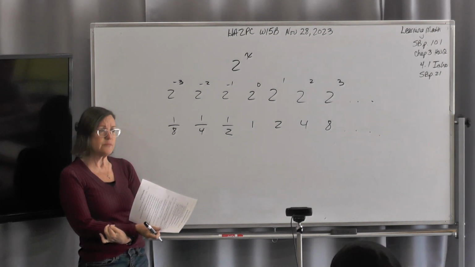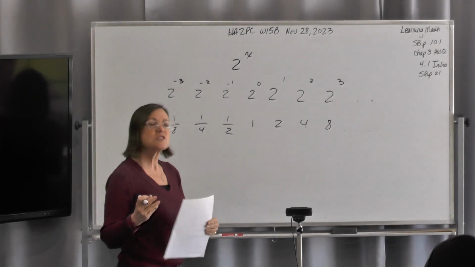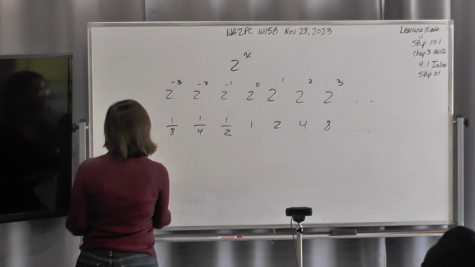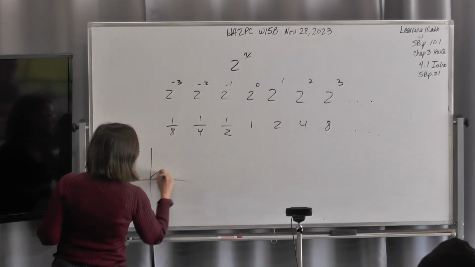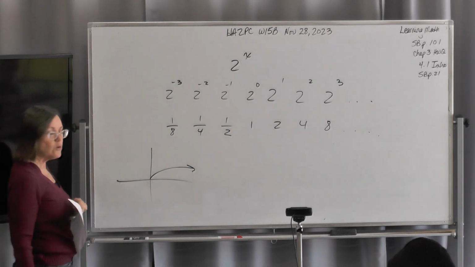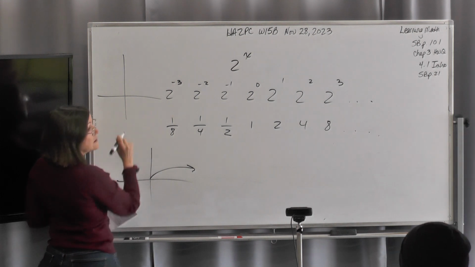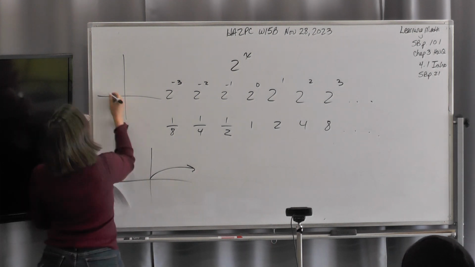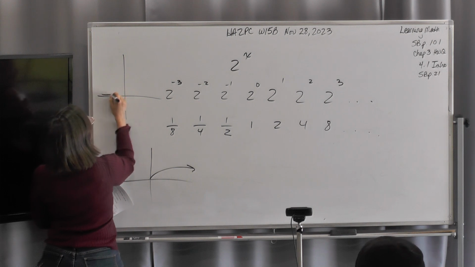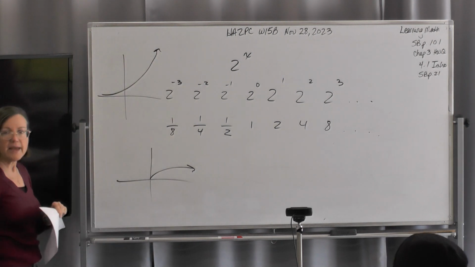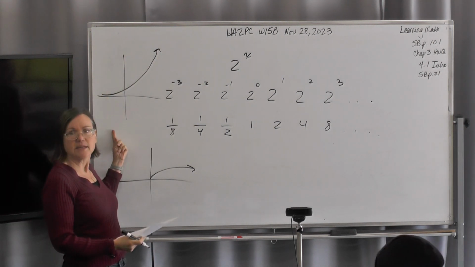It's not going to be possible. So if you remember with the square root functions, we limited our domain in order to have a function. Notice with exponential functions, it's just not possible. We have something along the lines of that, right? Okay? But we can't get negative values.